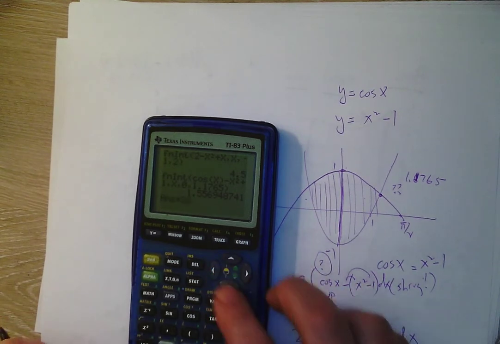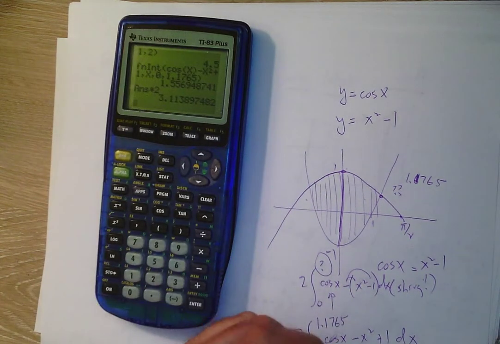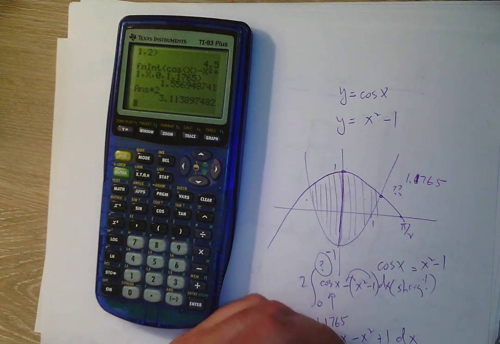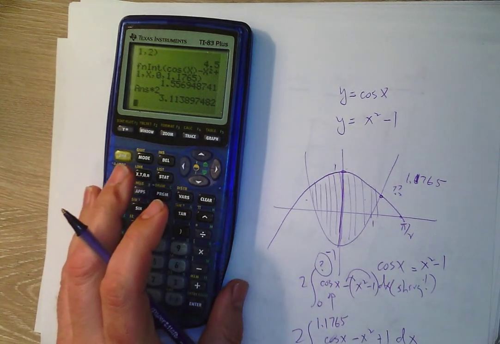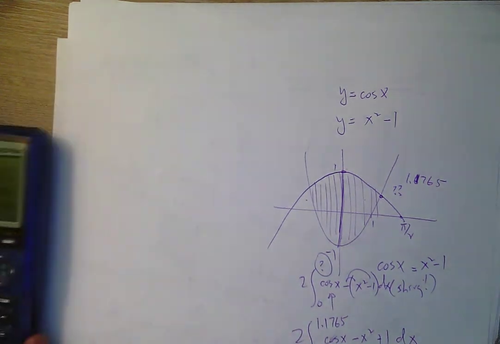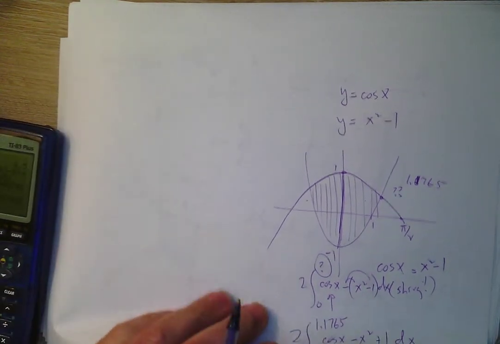We need to multiply that by 2. We get 3.11389 units squared. Okay, so there's that problem.